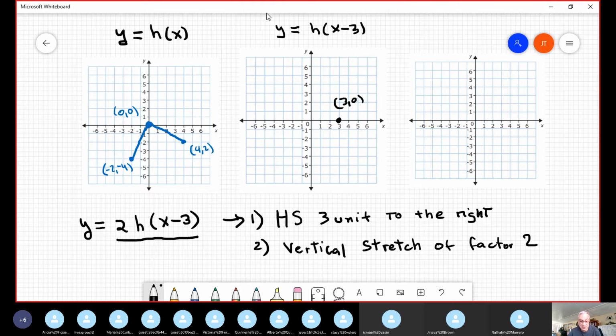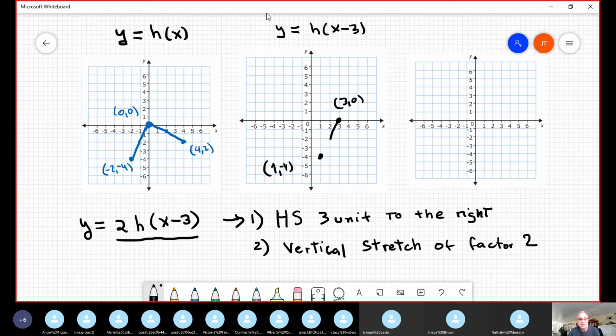Like this one, -2 plus 3 is positive 1. And by the way, when you are doing the horizontal shift, the y component stays the same, doesn't change. So 1, -4. Look, the x component is -2, -2 plus 3 is positive 1, and -4 stays the same.